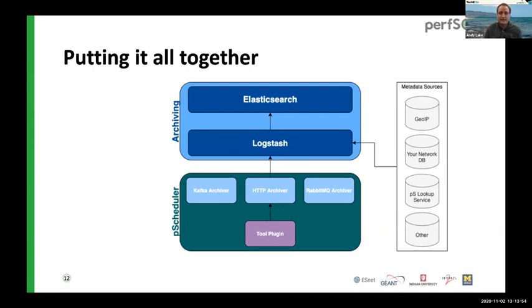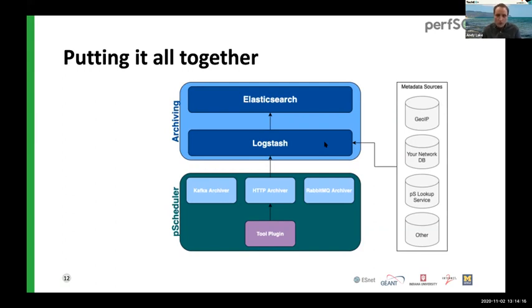So the idea is, we bundle perfSONAR a couple different ways. If you're thinking of the perfSONAR toolkit, you can actually put the Logstash and Elasticsearch pieces on the toolkit. Like I said, for the scale that most individual toolkits are running, it seems to be fine. It doesn't really raise our minimum specs or anything like that.